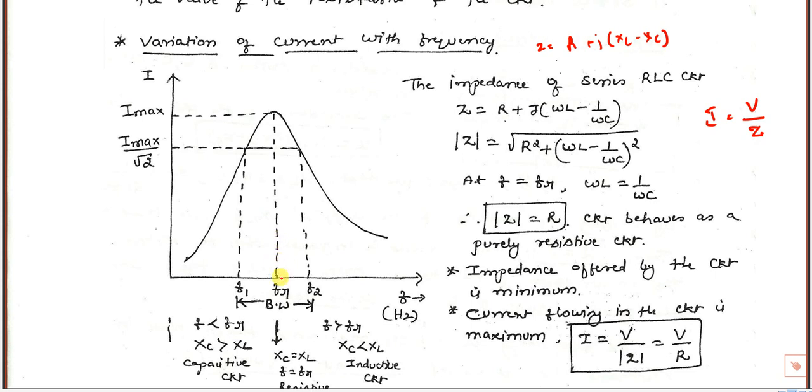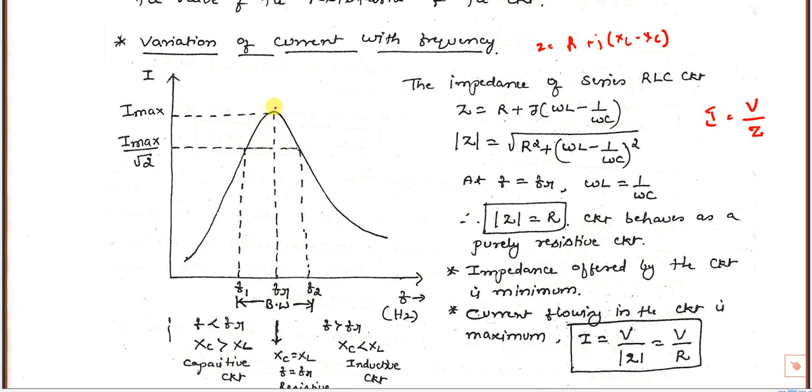At FR, the resonance frequency, XL is equal to XC, and the circuit impedance will be purely resistance. So here we get I max, when the impedance is purely resistance, which is R. Elsewhere some reactance will be there, so you get less current.